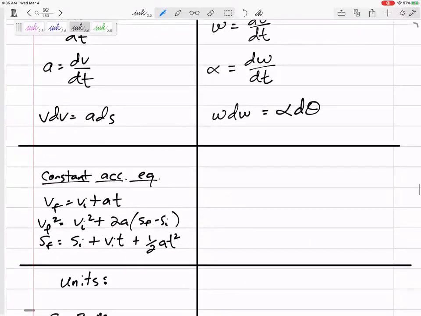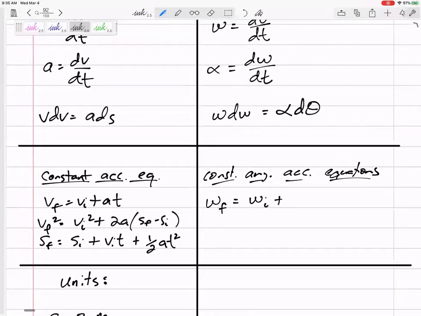How about those constant acceleration equations? Well, it turns out we have constant angular acceleration equations now. And I bet you could write them. Omega final equals omega initial plus alpha t. Omega final squared equals omega initial squared plus 2 alpha times theta final minus theta initial, or change in theta.